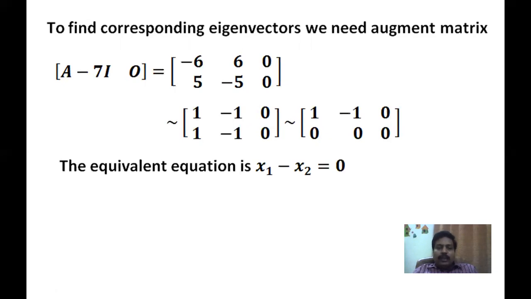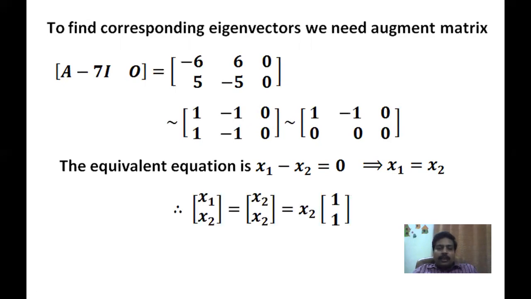The equivalent equation is x1 minus x2 is equal to 0, which can be further written as x1 is equal to x2. So the vector (x1, x2) is equal to, x1 can be replaced with x2 and x2 is x2. So this is x2 times (1, 1).